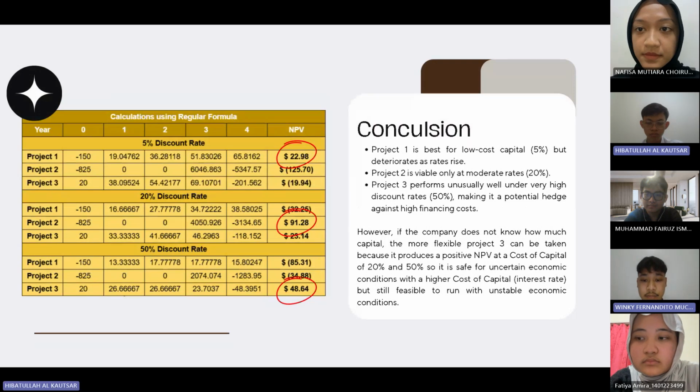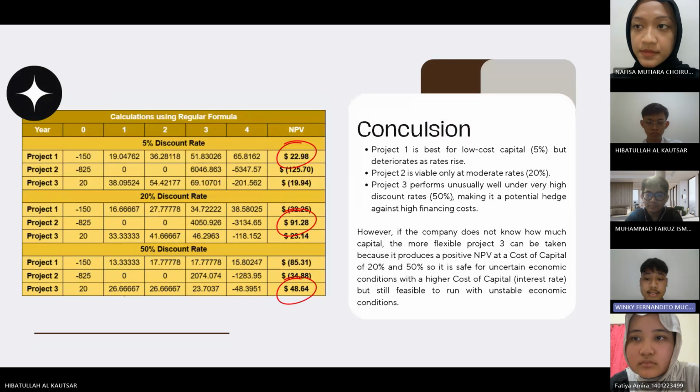The conclusion is project 1 is best for low cost of capital, which is 5%, but deteriorates as rates rise. Project 2 is feasible only at moderate rates, which is 20%. Project 3 performs well under very high discount rates, which is 50%, making it a potential hedge against high financing costs.